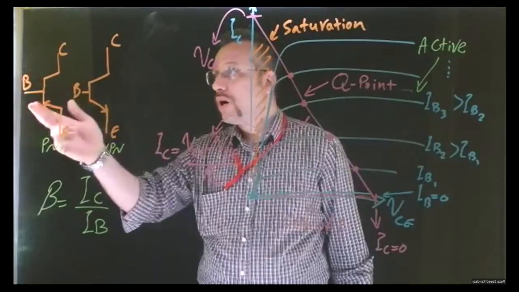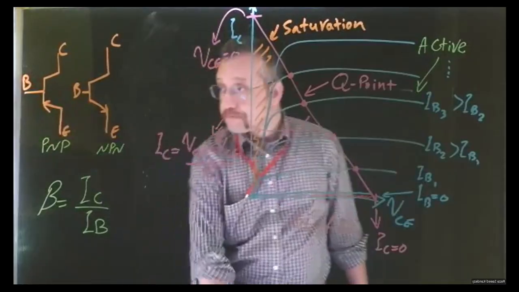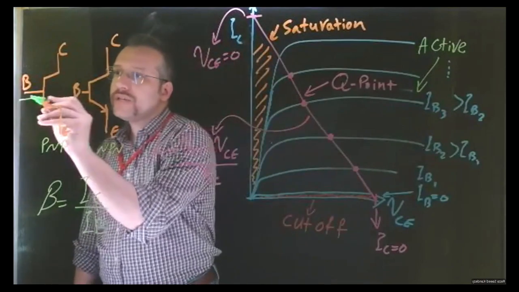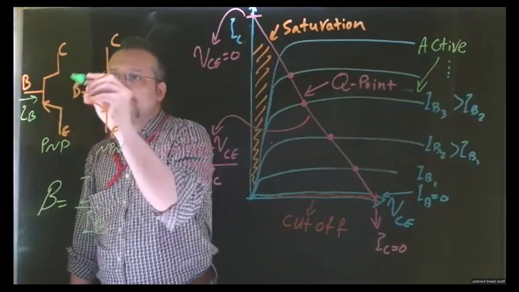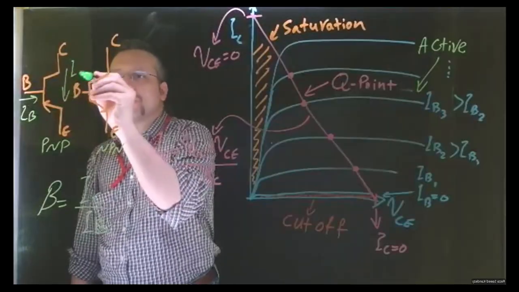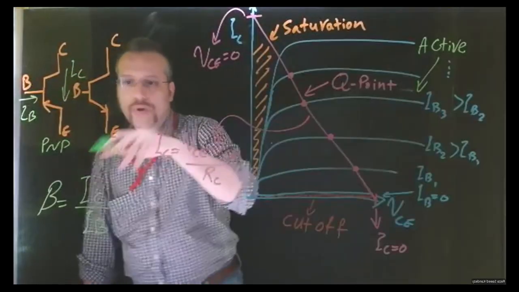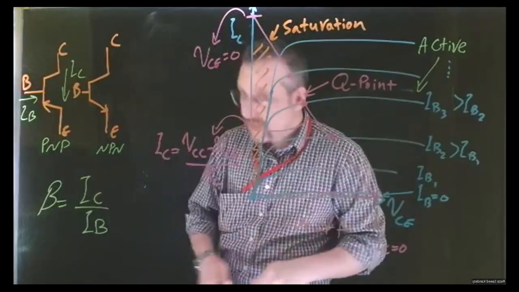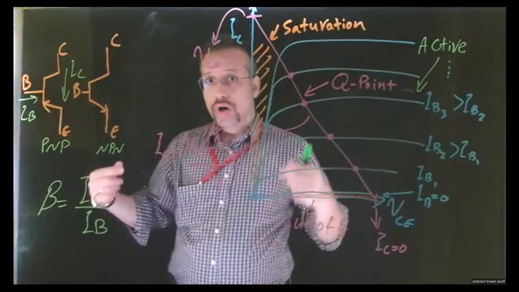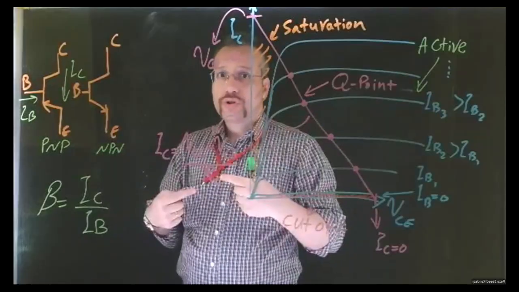So these two currents, the current in the base and the current of the collector, it doesn't matter which type of BJT we have, these two are related to each other.